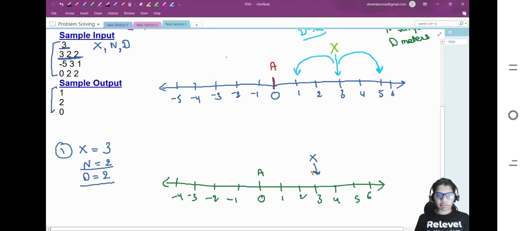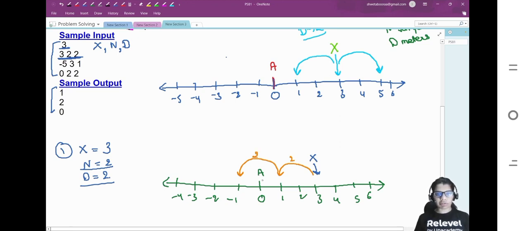If we make the first move of distance 2, it would be here. This is your first move. And if you make the second move, it would be here. So we have made our two moves.